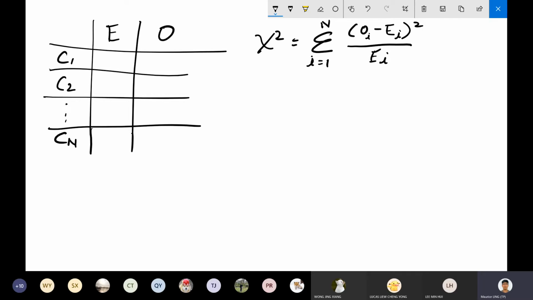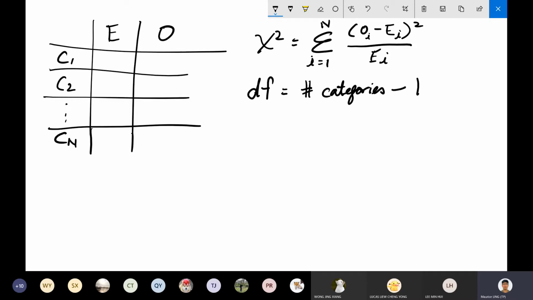Okay, Ryan, can you put up? You can put down your hand now. Okay, and you know that your degrees of freedom is actually the number of categories minus 1.